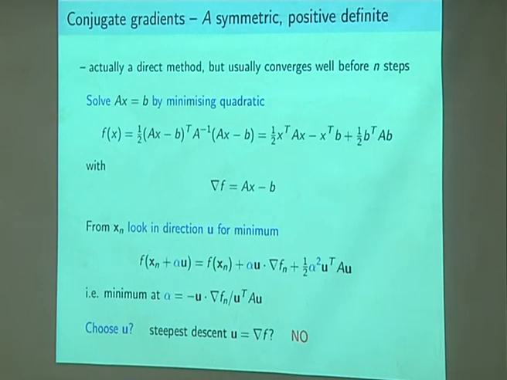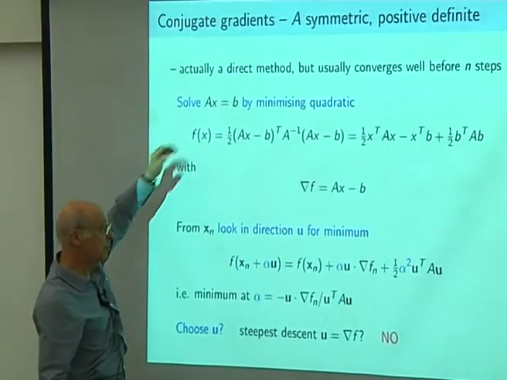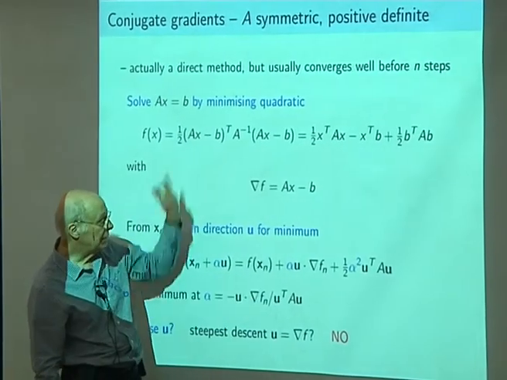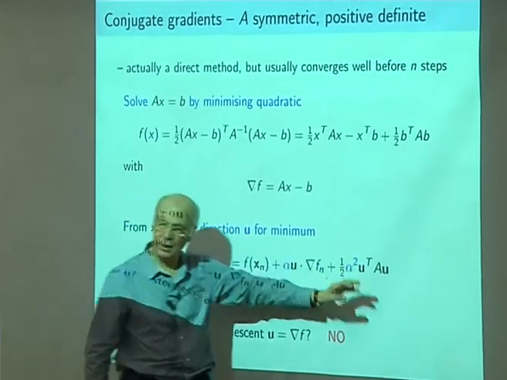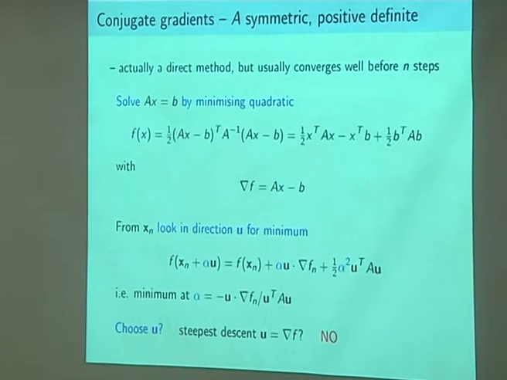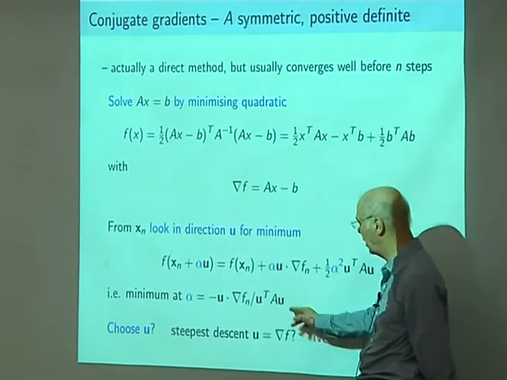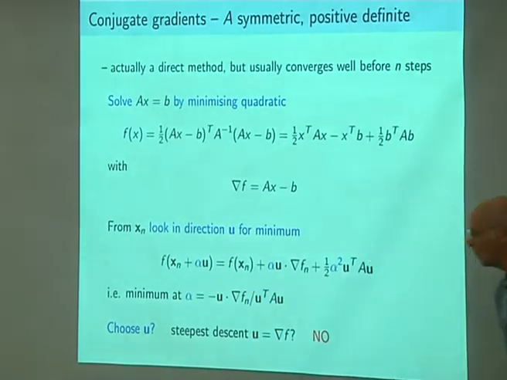So you substitute xn plus alpha u into this expression, and obviously when alpha is 0 you get f at xn, there's a linear term, which is the gradient, and then there's a quadratic term in alpha squared. That's just a scalar quadratic in alpha, so you can find the minimum, and it's a more complicated expression here. Remember, the gradient of F at xn is the residual at stage n. So we can go along that distance in our process of minimizing F.